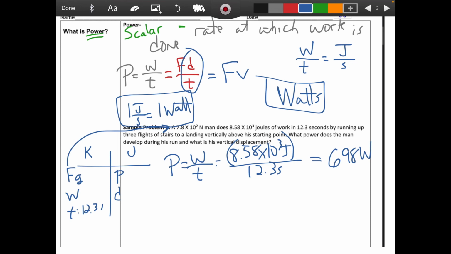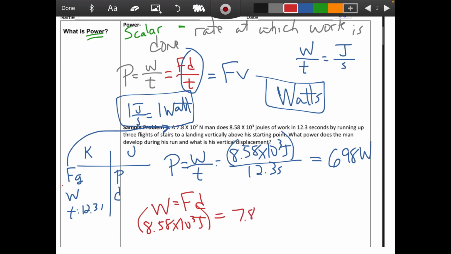And now we have one more part to do. We're looking for the vertical displacement. So we're going to do work equals force times displacement. Again, we were given the work done. We know the force is the weight of the man.